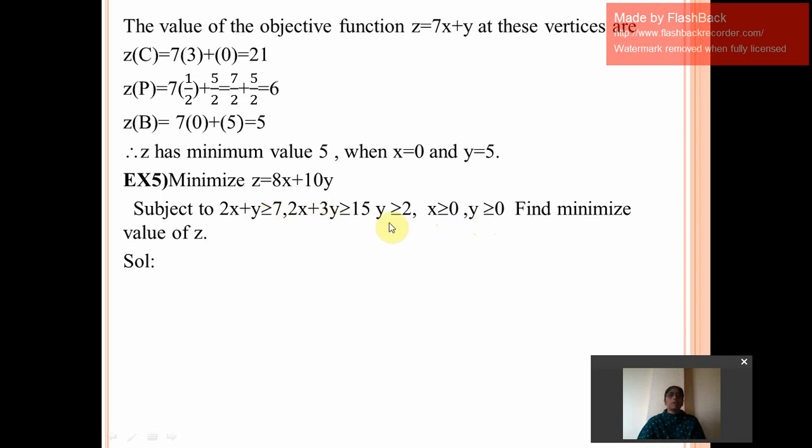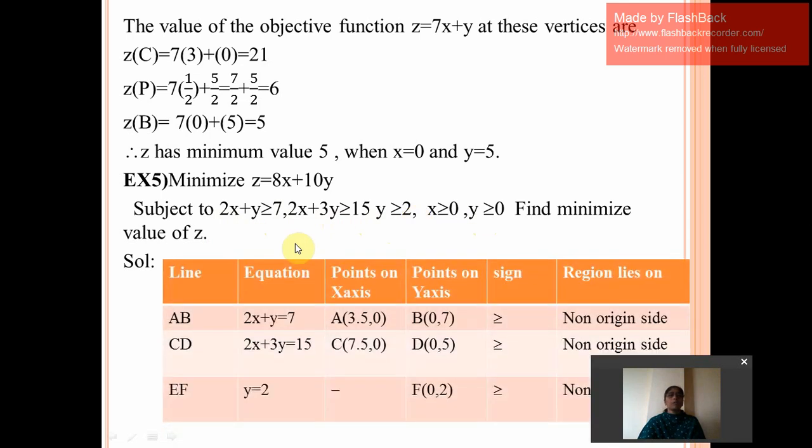Convert these constraints into equation form: 2x plus y is equal to 7, 2x plus 3y is equal to 15 and y is equal to 2. This is line AB, second CD and third line EF.